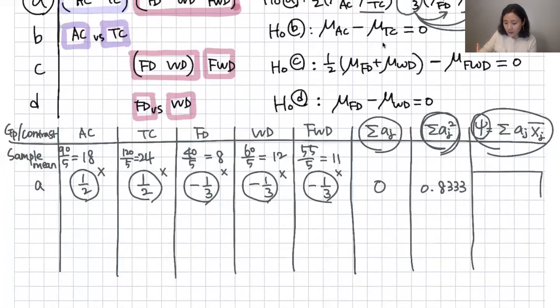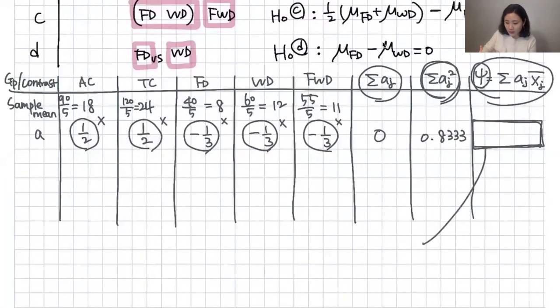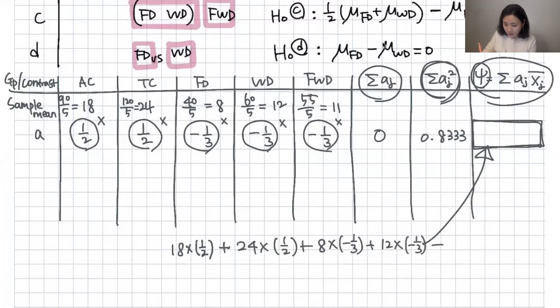So for this one, we can rewrite as 18 times half, 24 times 1/2, 8 times negative 1/3, 12 times negative 1/3, plus 11 times negative 1/3. So if we calculate this one, my answer is 10.667.